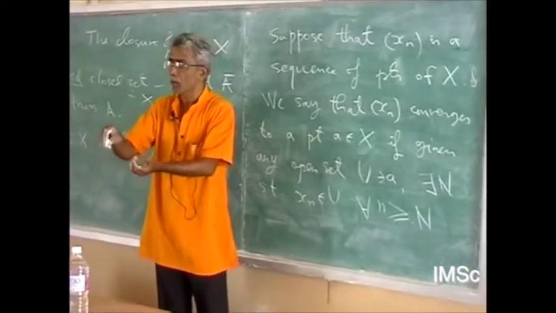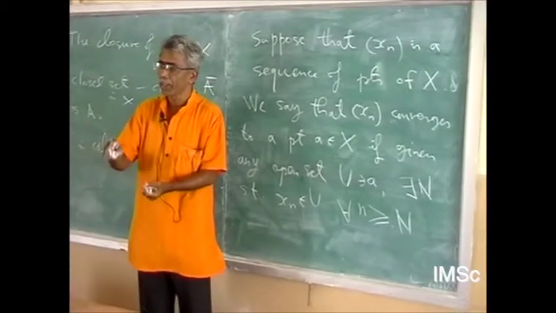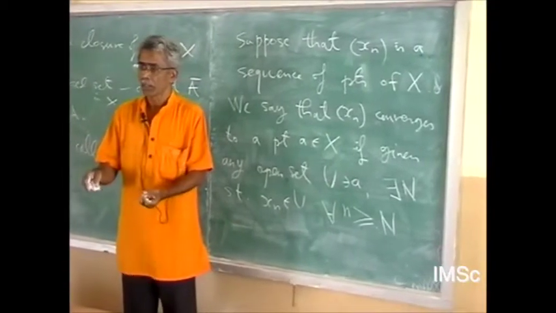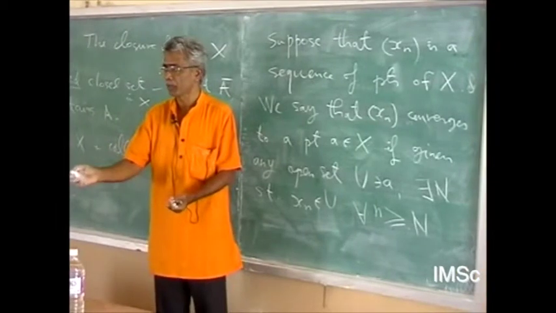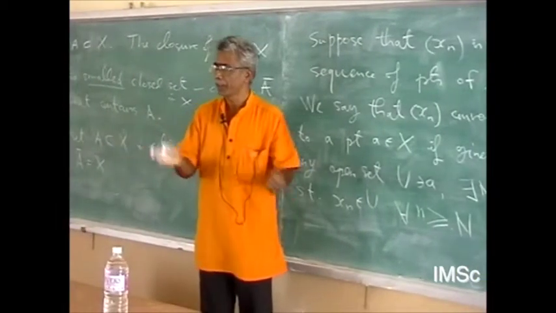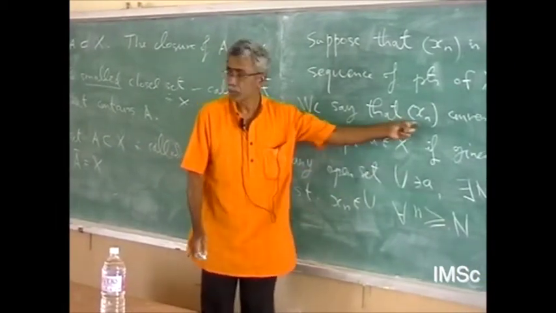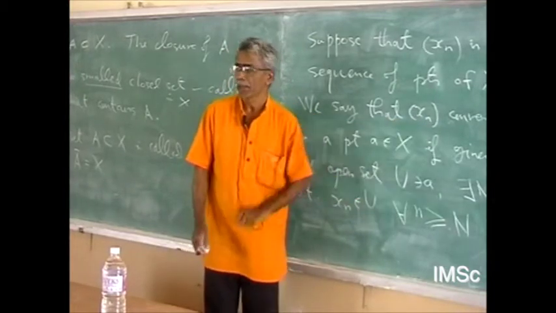If you take any ball with center A and radius epsilon, no matter how small this epsilon is, all but finitely many terms of the sequence are in there.